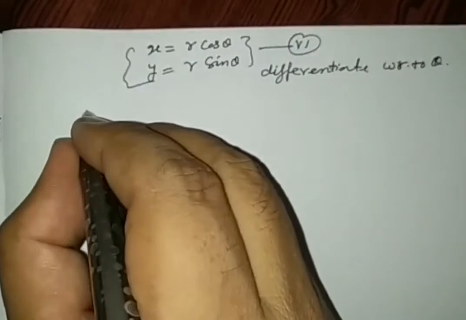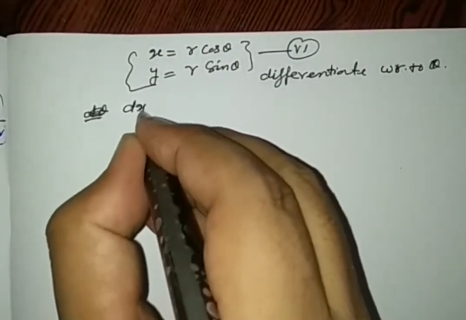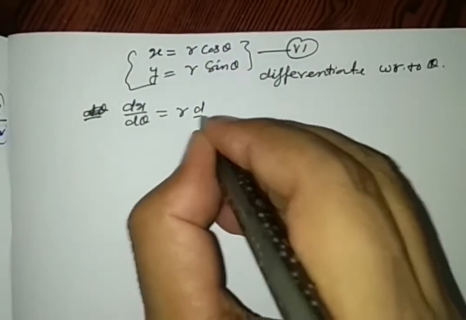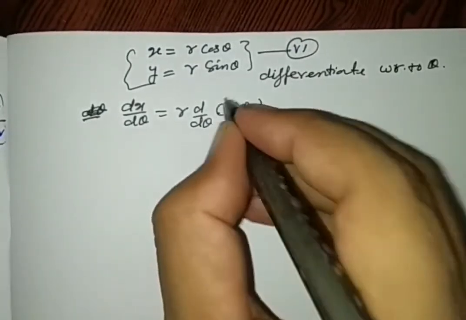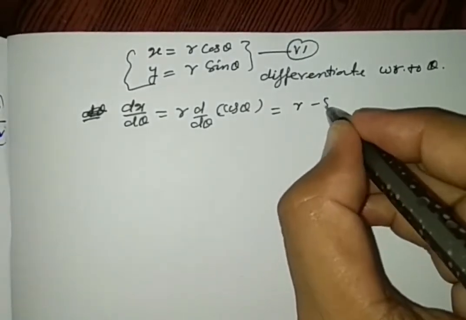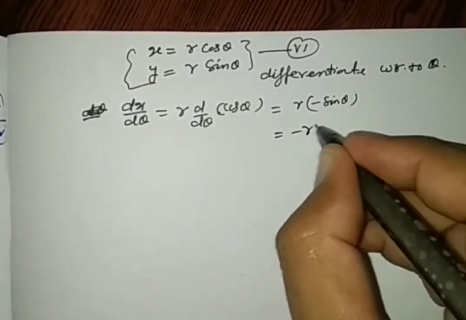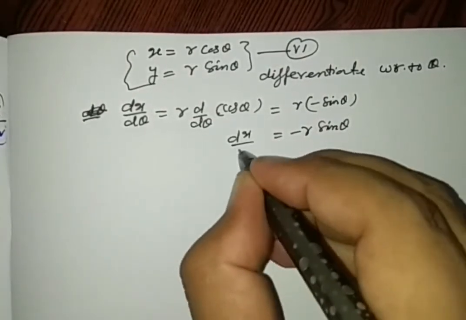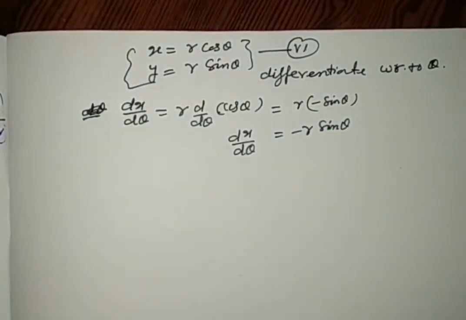So in the first equation, dx by d theta is equal to r d by d theta of cos theta, and since the differential of cos theta is minus sin theta, it can be written as minus r sin theta.